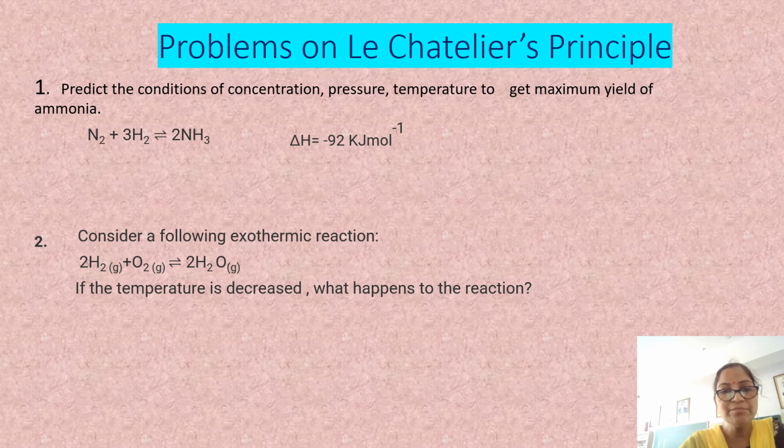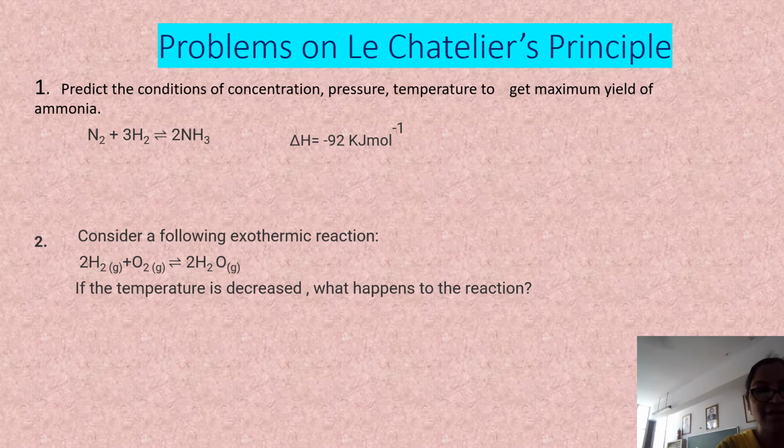There are two problems based on Le Chatelier's principle. First is to predict the conditions of concentration, pressure and temperature to get maximum yield of ammonia. How can the yield of ammonia be increased? Now we want to increase the concentration of ammonia.